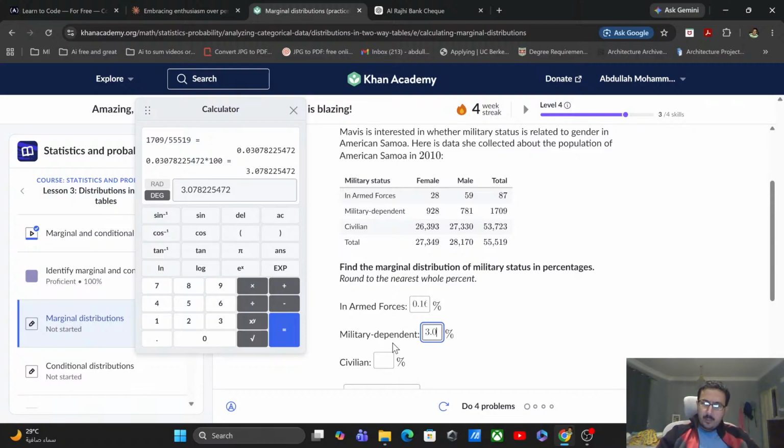908. Can change that later. Civilian. 53,723 over 55,519. It's 96.8.